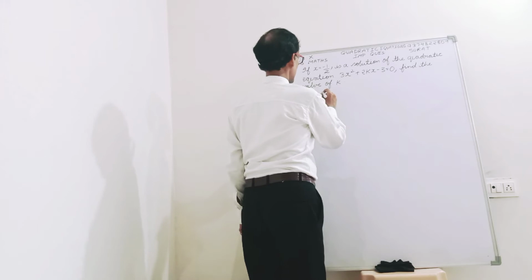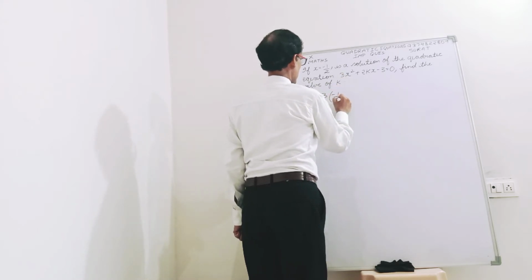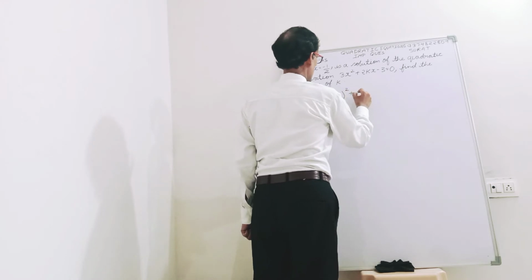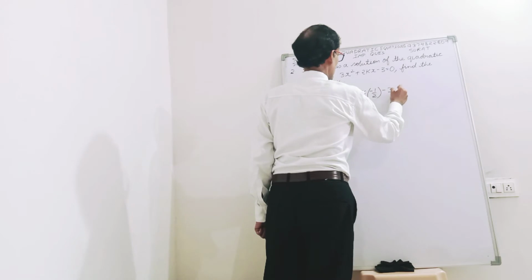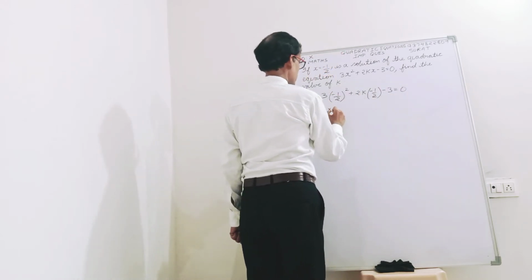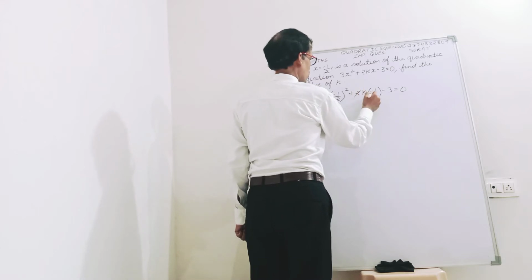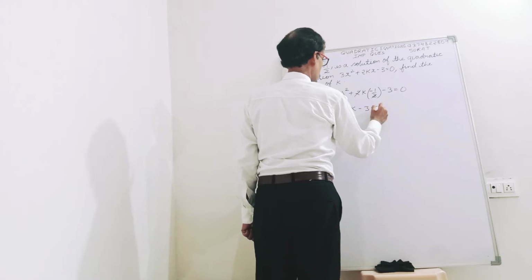So let's start. Instead of x we can write minus 1 by 2. Again minus 1 by 2. So minus 1 by 2, its square is 1 by 4. Here 2 and 2 cancel, so it is minus k minus 3 equal to 0.